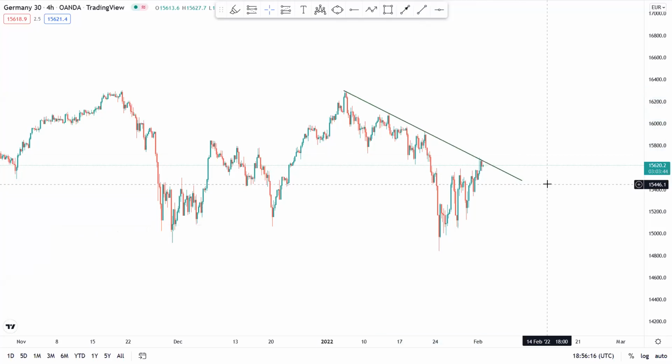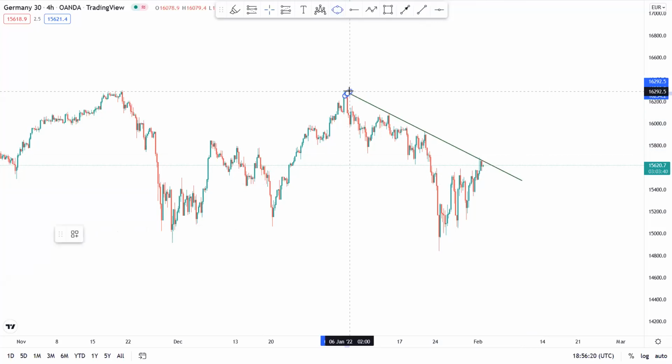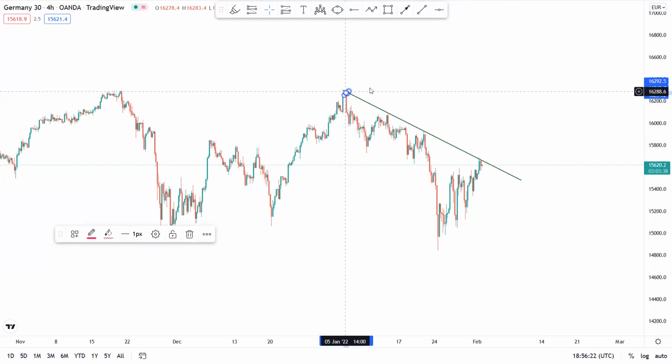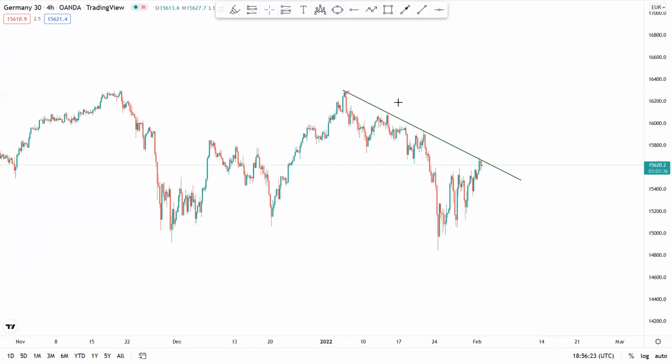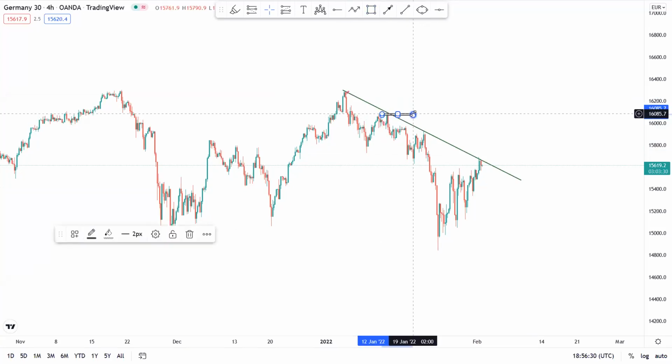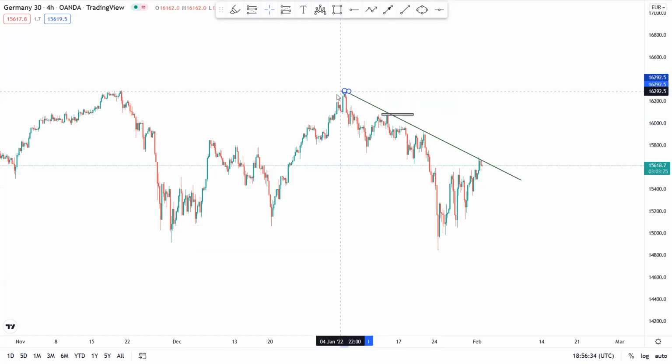The more we touch it, the weaker it becomes. So check. This was our first touch here. This was our second touch at a certain point here. Let me use the rectangles. This was our second touch. Let's create the first one as well. And then check our third one.